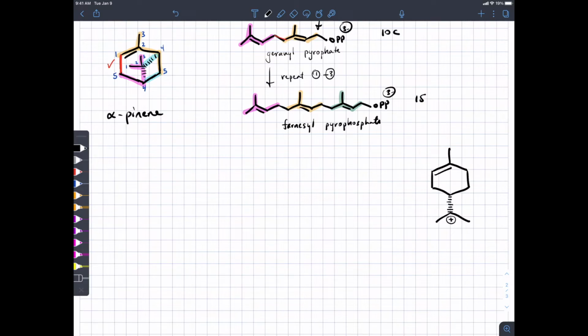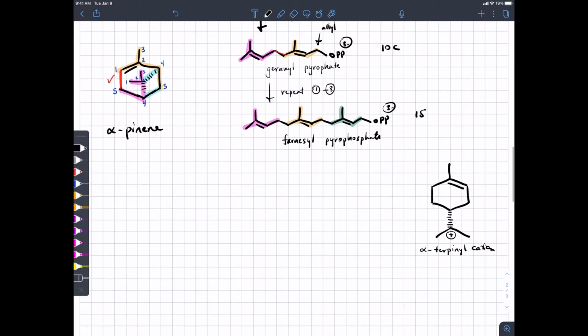And this is a precursor to a lot of different products. Nope, sorry, put the double bond in the wrong place. This is often called the alpha terpinyl cation, where you don't have to know that name, but we're going to first get from Geranyl pyrophosphate to the alpha terpinyl carbocation, and then we'll get from that intermediate to alpha pinene.